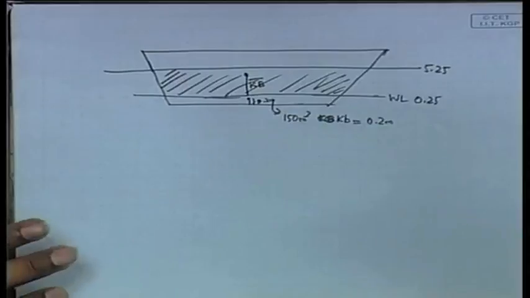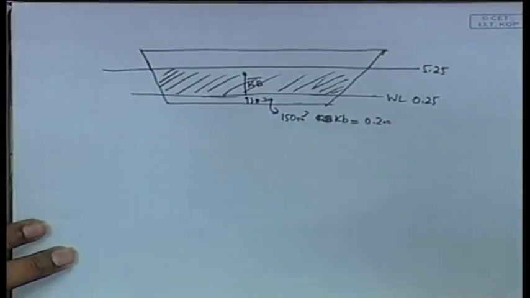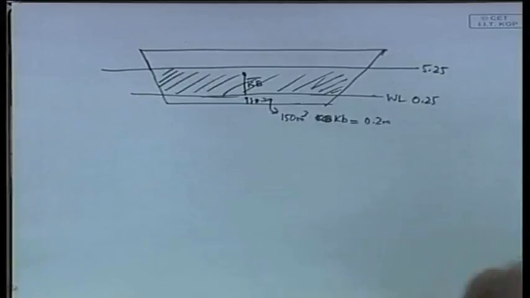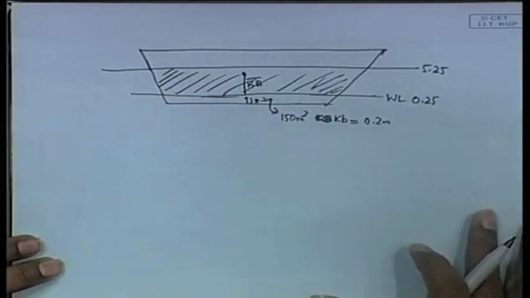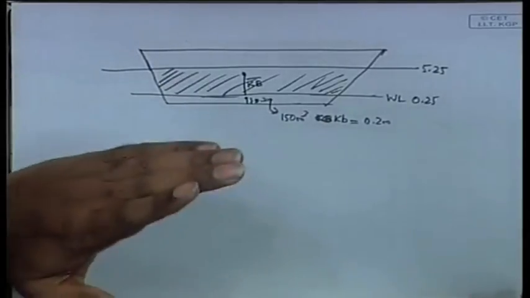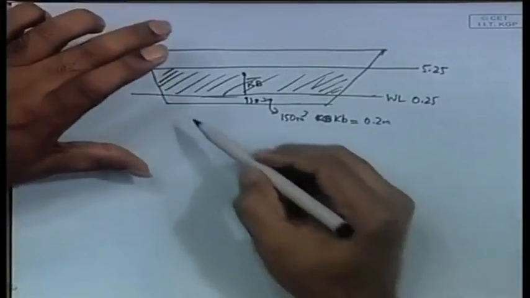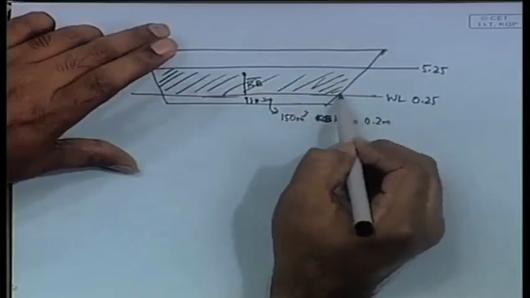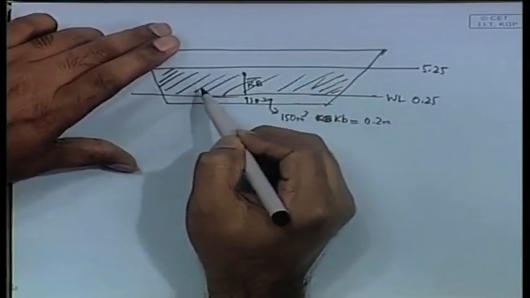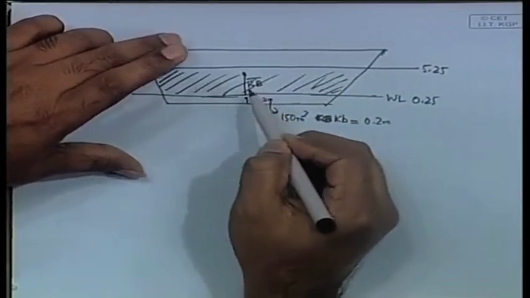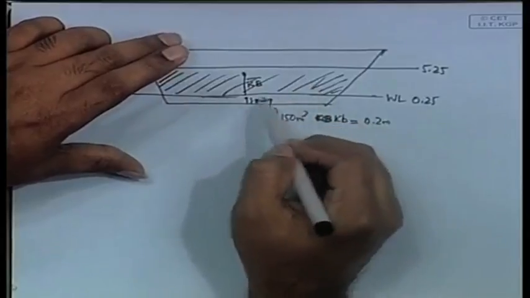Okay. So, the problem is not very simple. Once you understand the different points of it, of course, it's simple. So, these are the things. First, from the table you will get this whole volume, this shaded region that I have shaded here, and you will get the Kb of this shaded region also.